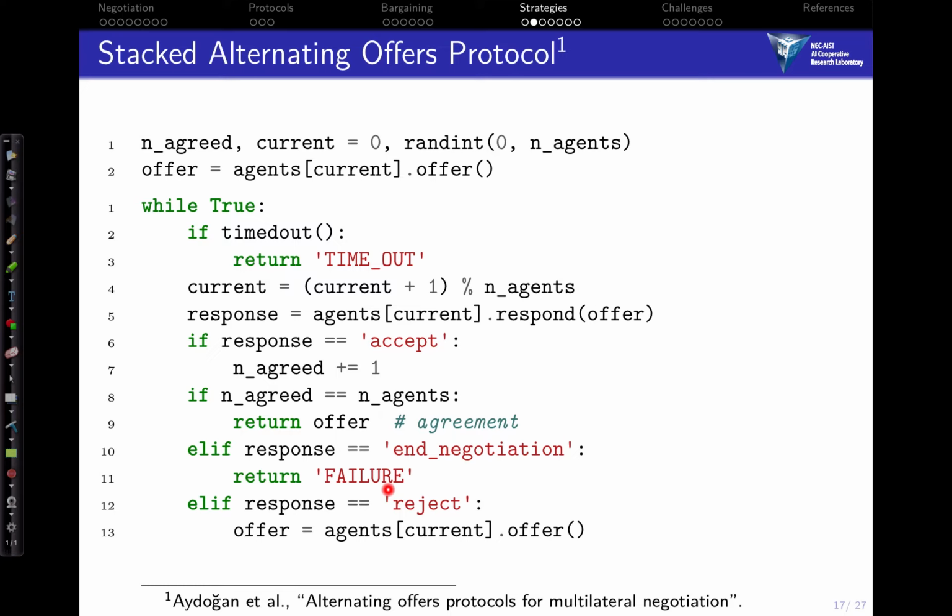Now one of the people doesn't want to continue negotiation, so the negotiation completely fails. And the other possibility is that the current agent rejected the offer. In this case, ask them to give a counter offer. And now this counter offer becomes the current offer for the next negotiator. Okay, so that's the alternating offers protocol.